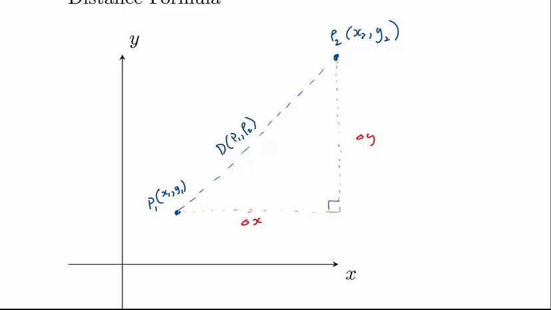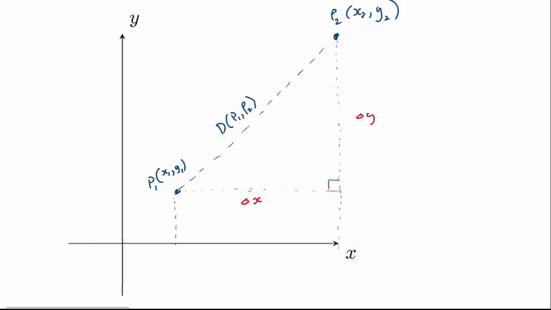First off, we've got to figure out, okay, what is delta x? So in order to do that, let's continue this line down, like so, and bring this down here. Note here we've got the coordinates x1, x2.